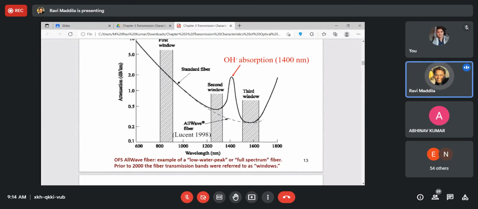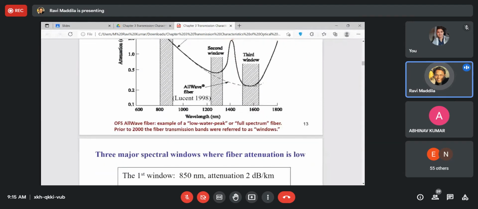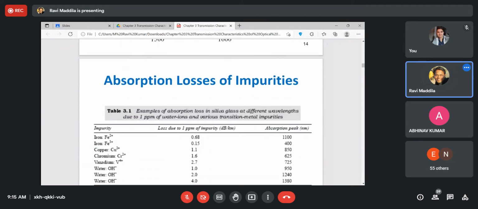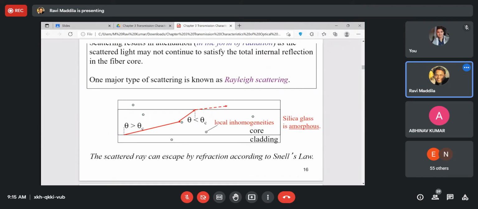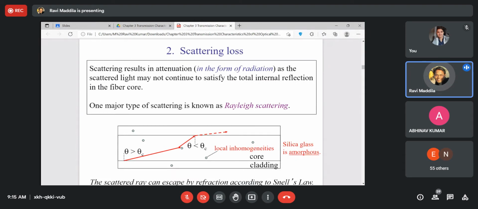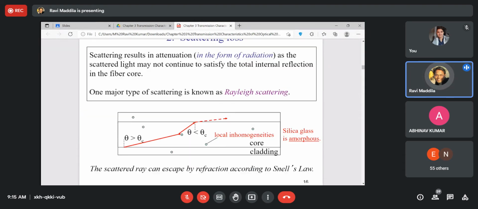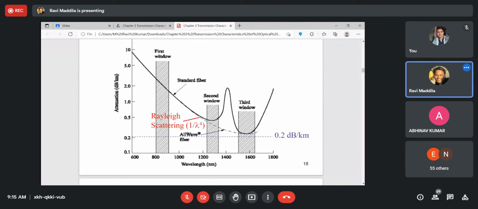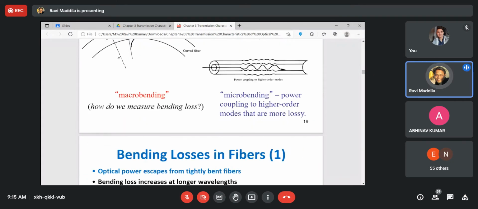I've already discussed these attenuation windows with you, right? I've also shared these slides on Google Classroom, so you can go through these later on.